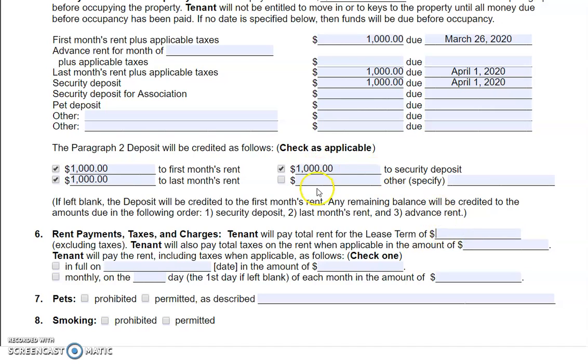That's going to be 1,000 times 12 if it's a year. Normally the taxes are included in residential, so I'm going to put 0 here. Tenant will pay the rent including taxes as follows in full. Now we pay monthly. Normally it's on the first day of the month in the amount of $1,000.